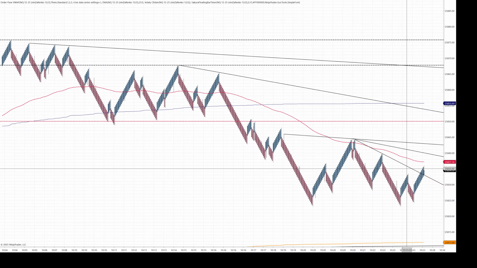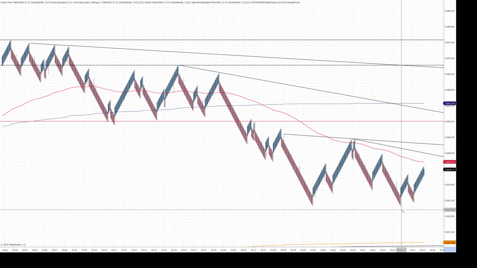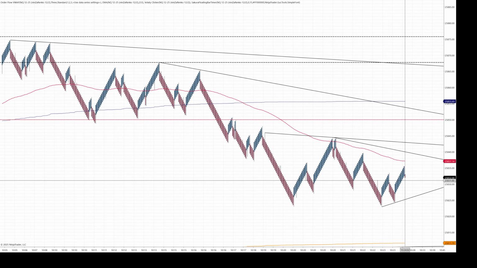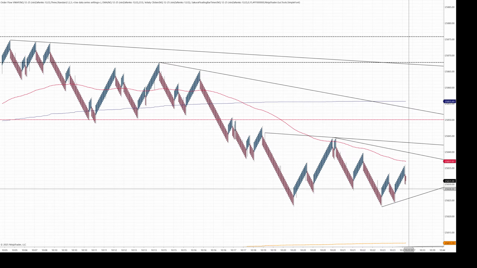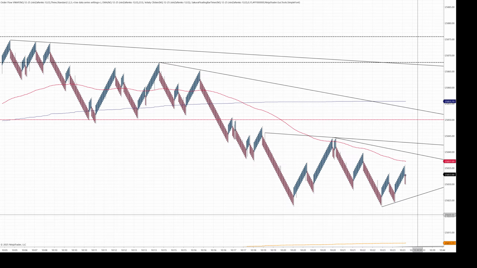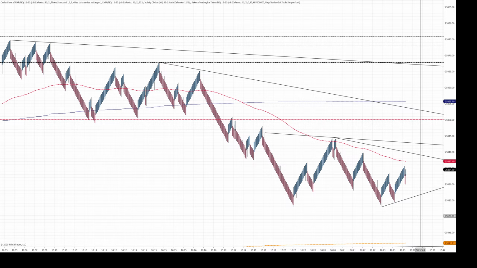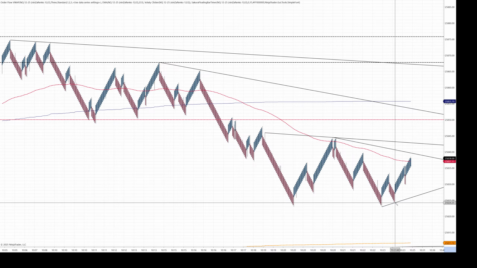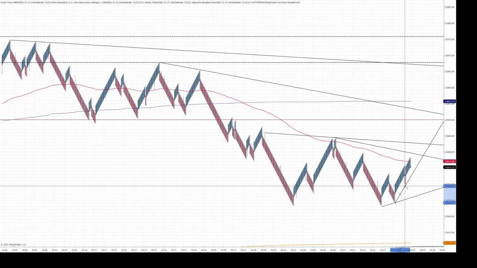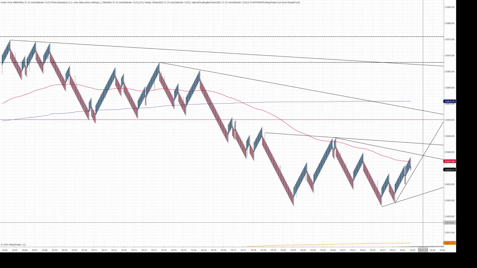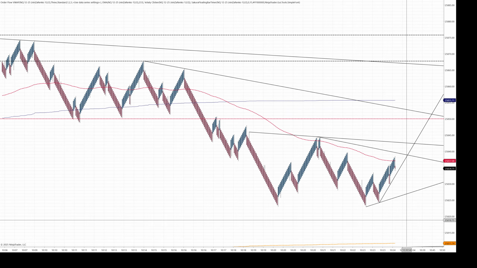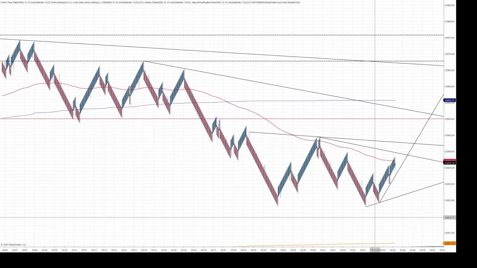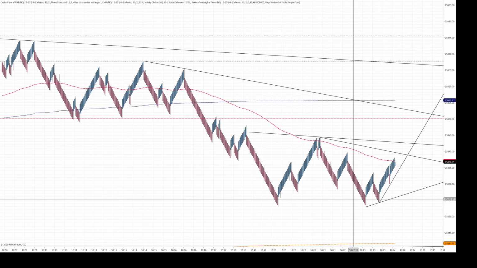Okay, we broke through both these trend lines here. We don't have room to take this reversal back down. We run into these two trend lines.